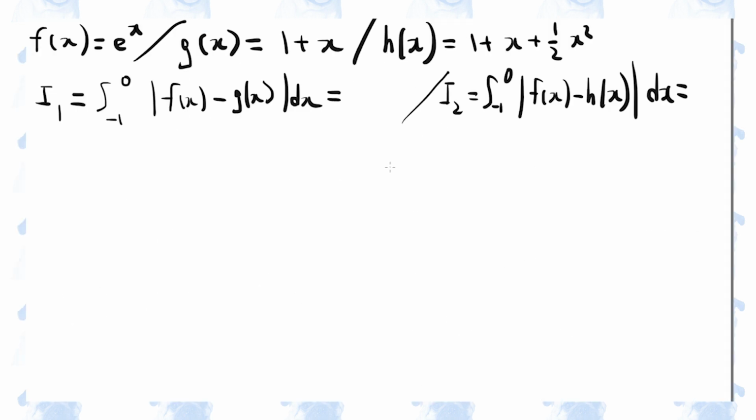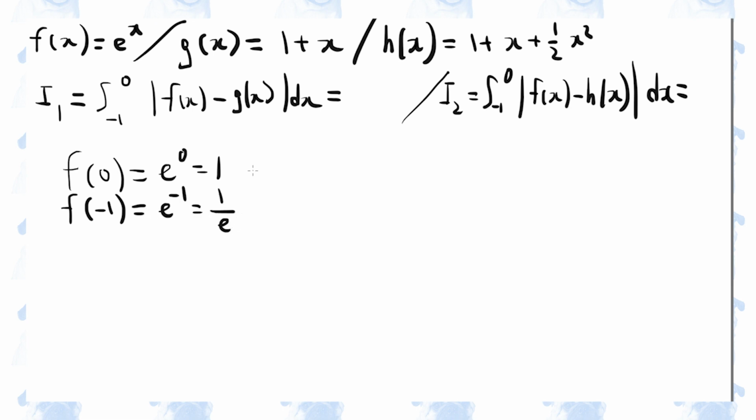In question 3, we need to perform these two integrations. So before we begin, let's see what happens to these two functions at these two values. F of 0 is 1, and f of minus 1 is e to the power of minus 1, 1 over e.